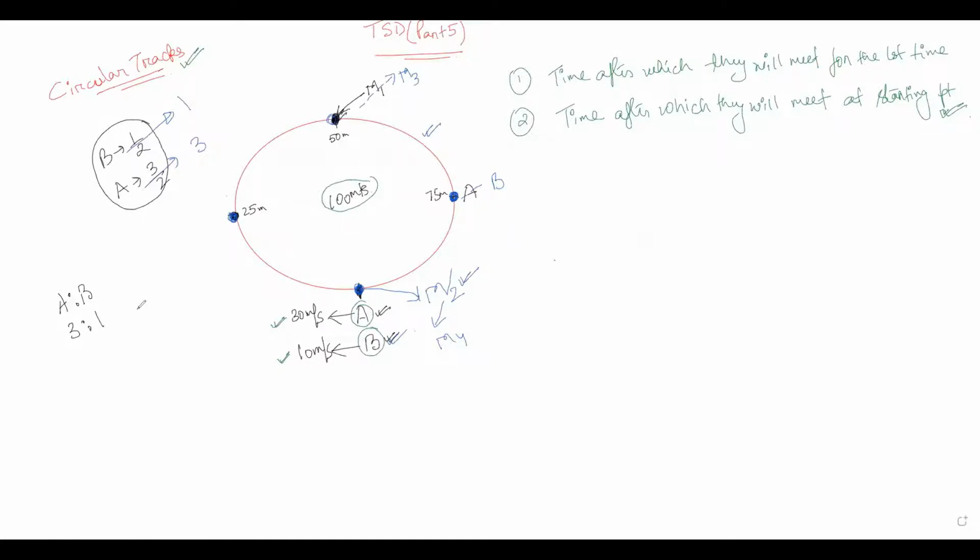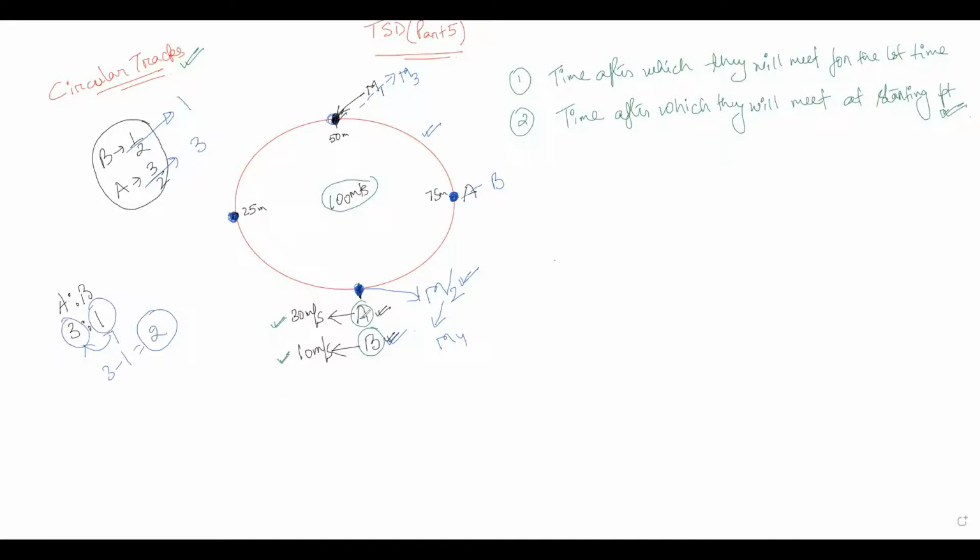In fact, there is a shorter way by which we can find the total number of meeting points when the persons are traveling in the same direction or opposite direction in case of circular track. So here, the ratio of the speed of A and B is 3:1. So the difference of their ratio of speeds would be 3 minus 1, that is 2. So there would be only 2 meeting points.